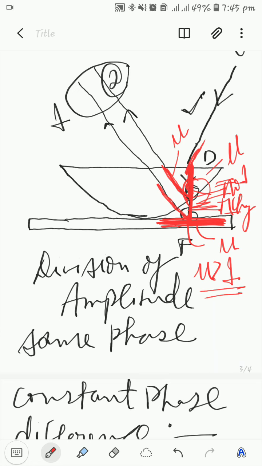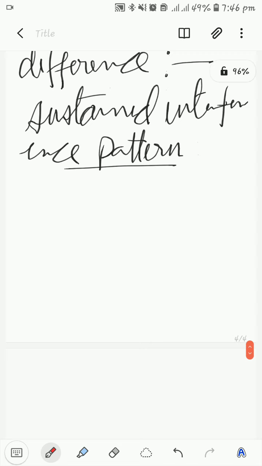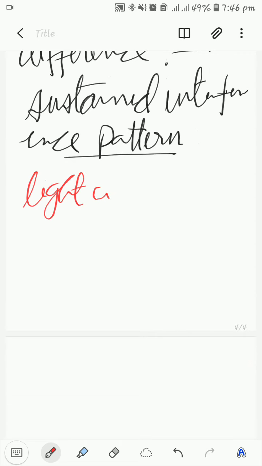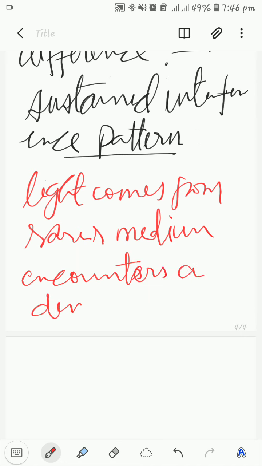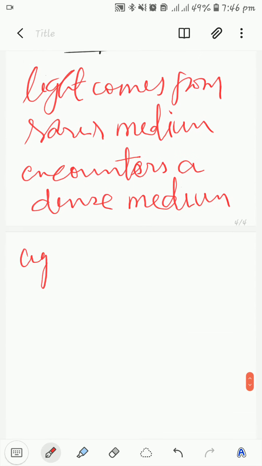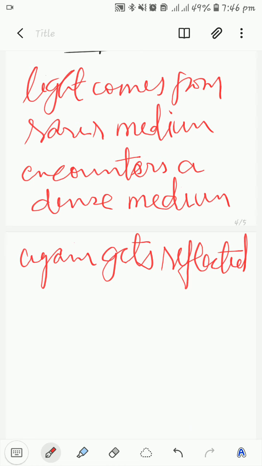Light comes from a rarer medium, then encounters a dense medium, and again gets reflected into the rarer medium.